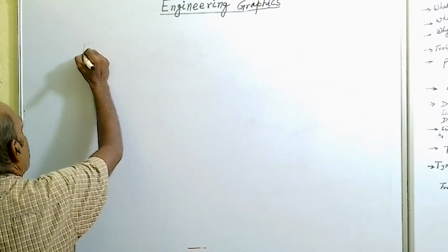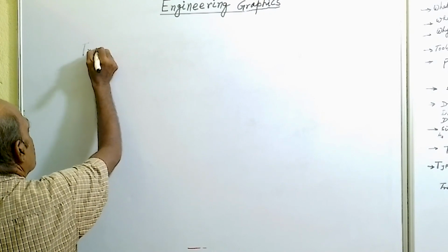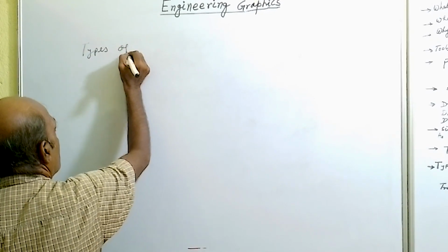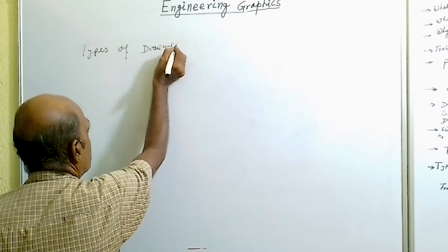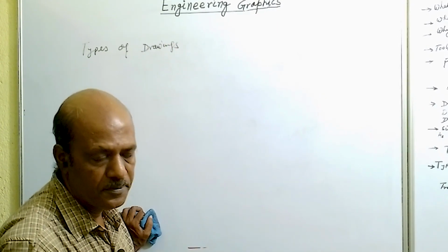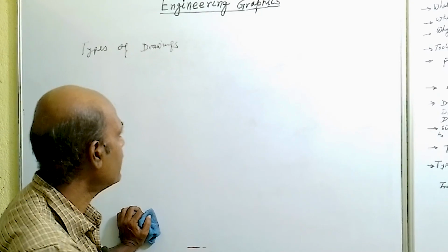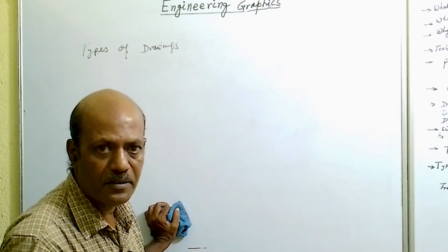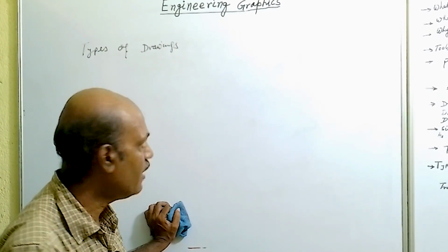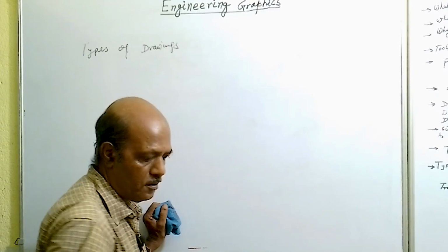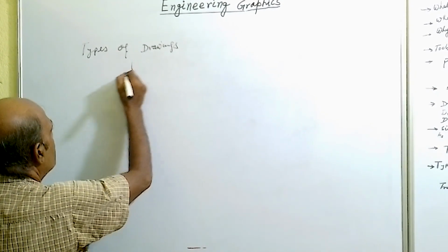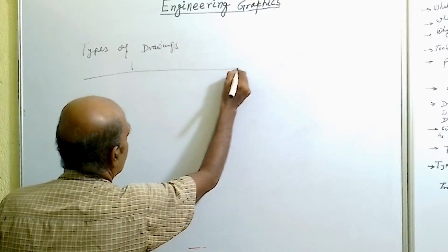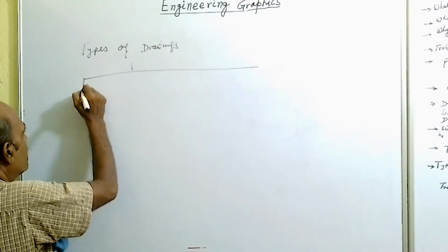So there are various types of drawing. Other than these engineering graphics, there are various types of drawing. So if we see, the first is coming natural drawing.